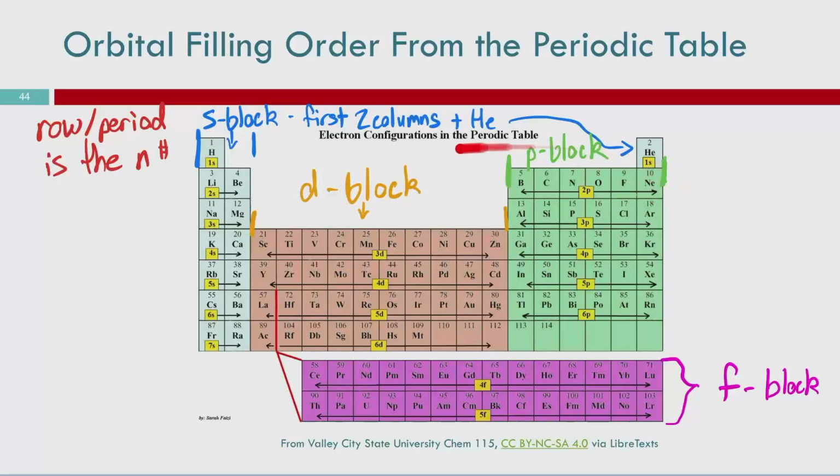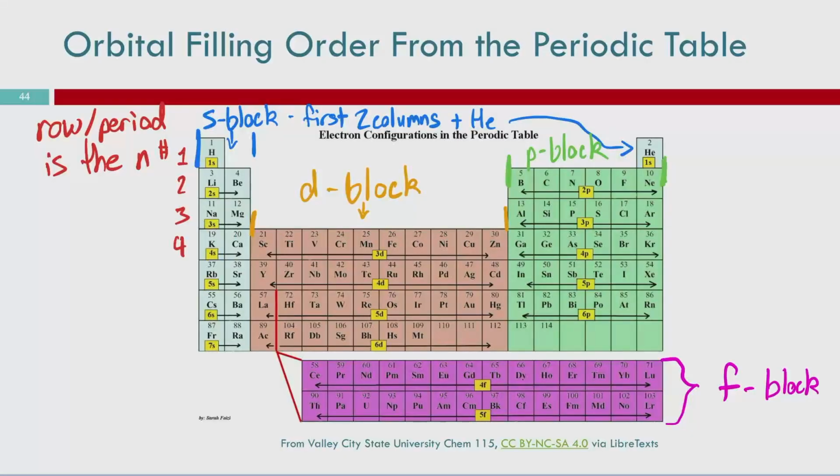After neon, we would move on to filling up sodium. So this is sort of like if we counted each individual electron that we were adding up. We'd be at row 3. You can go ahead and write numbers in. All right, row 3, we're in the s block, then the p block, then we move on to row 4, where we have the s block, and then for the first time, we hit the d block.